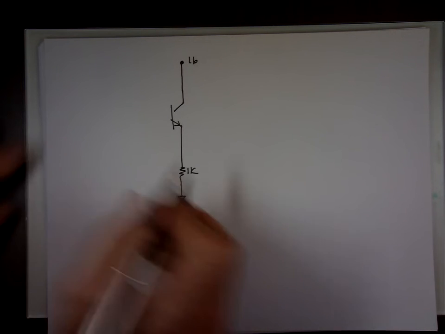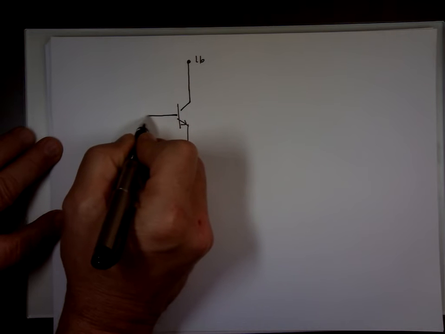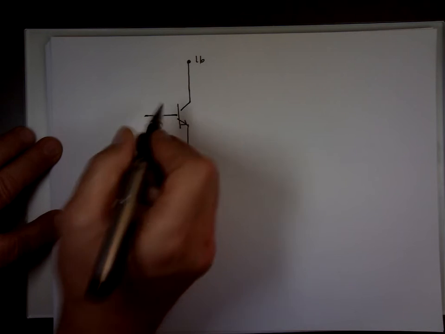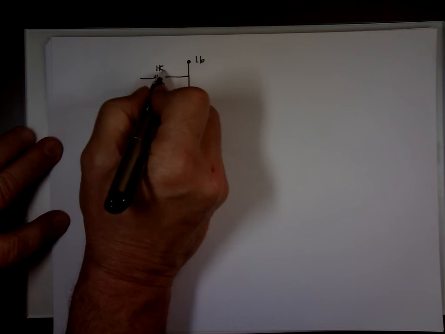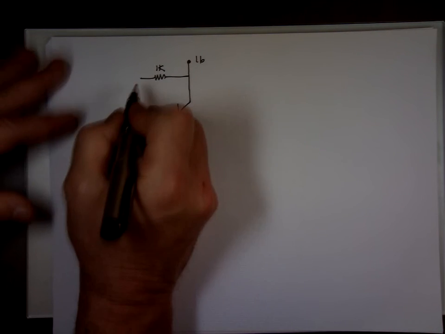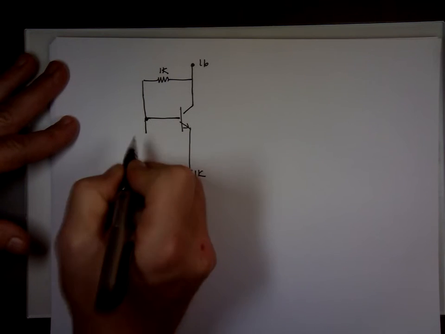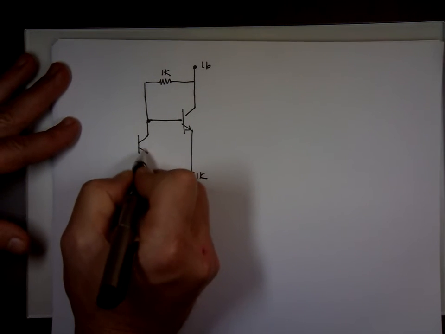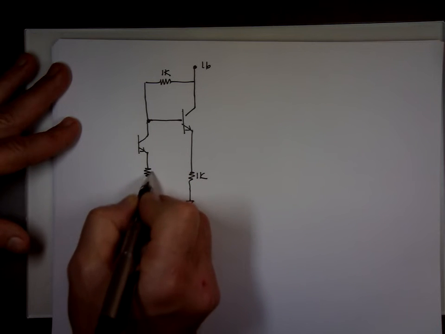And now here, we have a resistor here of 1K ohm. It's going down right here. Another transistor and 200 ohms.